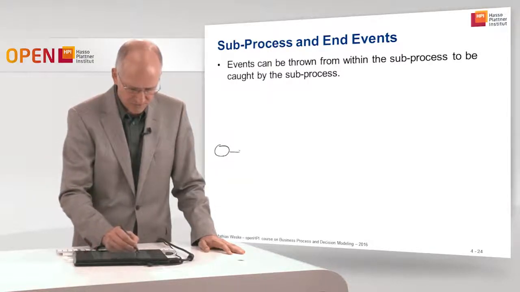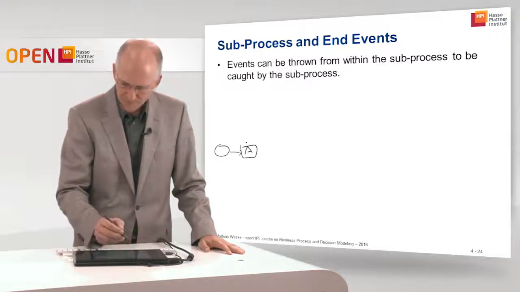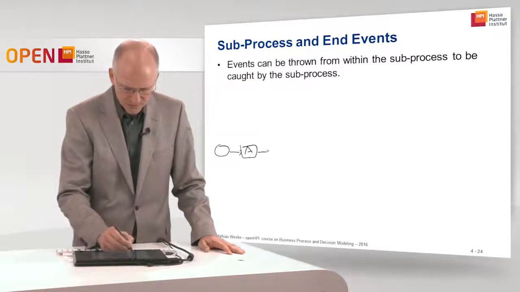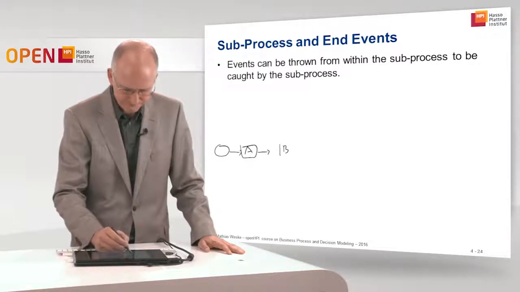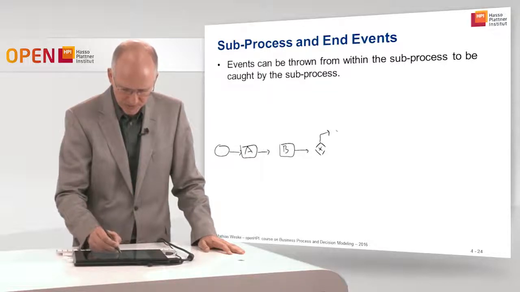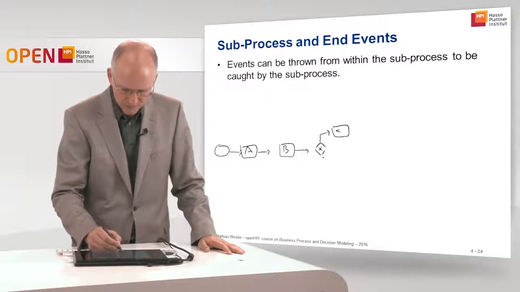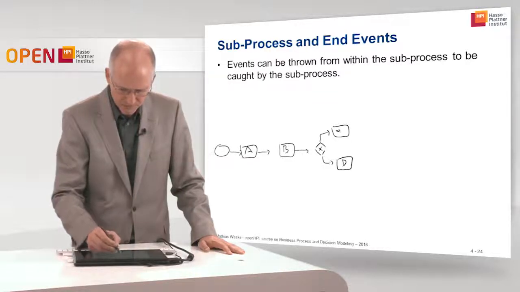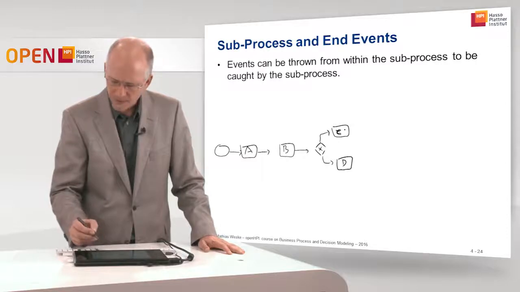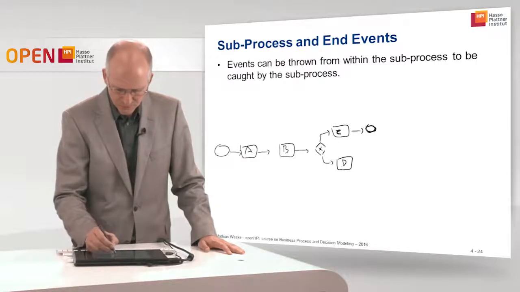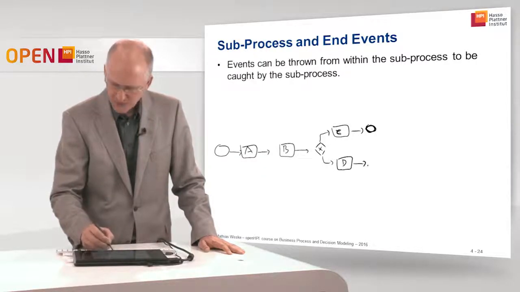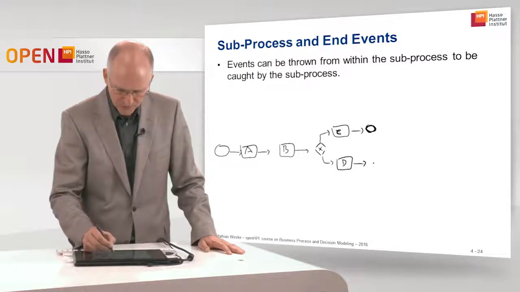There is a start event and activity A. And then we have the subprocess starting with B. Then we have either a C or a D. After the C, the process normally terminates. After the D, we have an error end event.